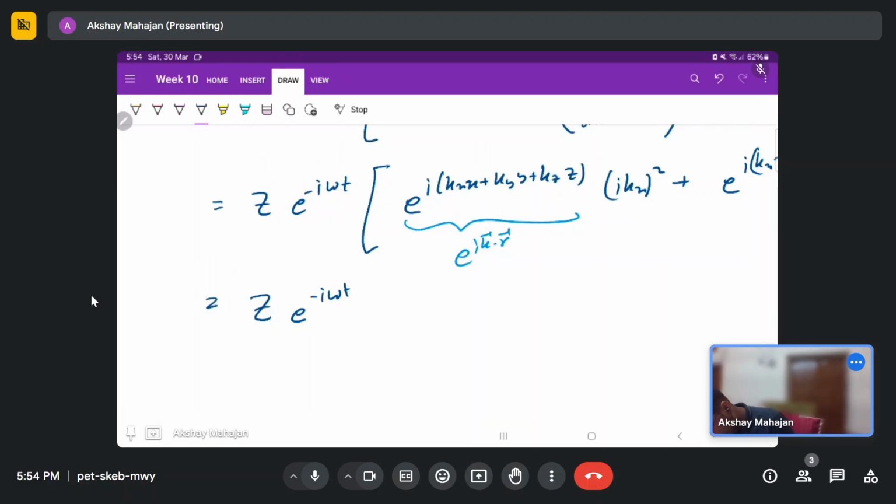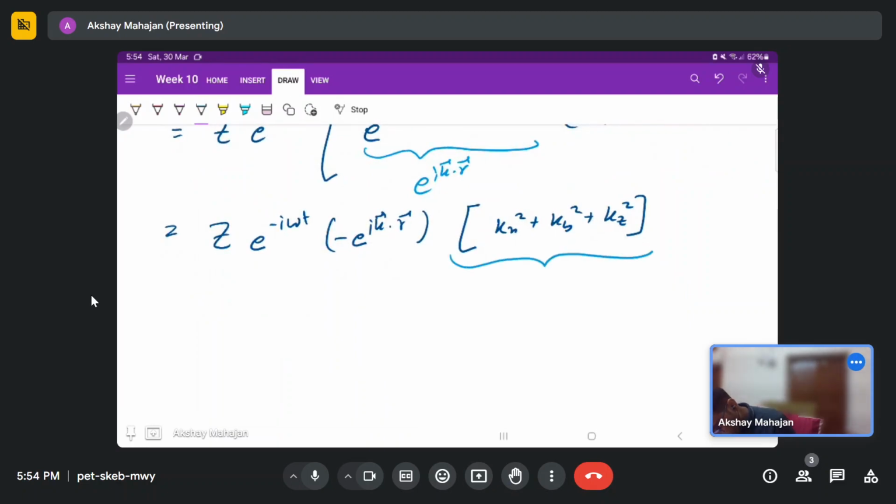This I can take common, and we are left with kx square plus ky square plus kz square, which is basically k square.